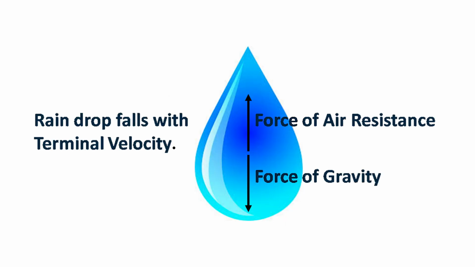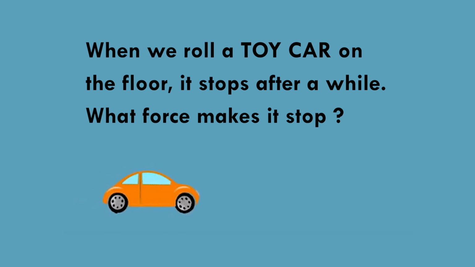And when will the net force be 0? When they are equal and opposite, which happens at some point in the falling raindrop's lifetime. And at that point, when the net force becomes 0, it falls with a constant velocity, which we call the terminal velocity. Let's look at another situation.